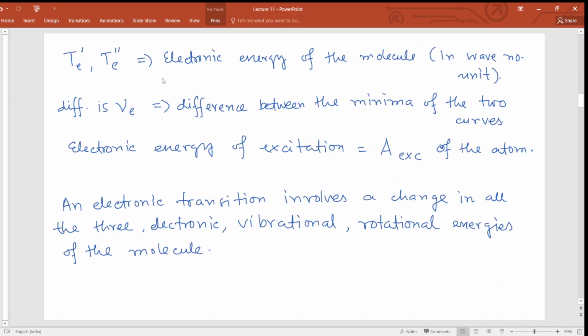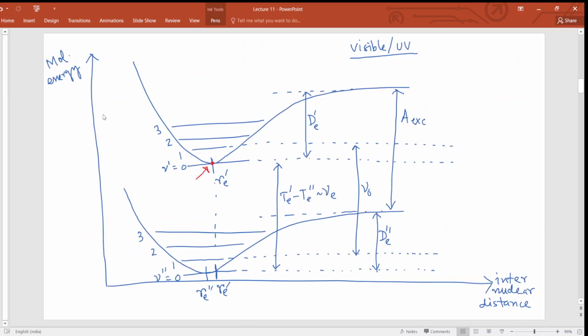So here Te prime and T double prime, these are electronic energy of the molecule in wave number unit. Okay, so this is the electronic energy. So let's say if we are talking about a particular state, so let's say nu prime equal to 0 or nu double prime equal to 0, then this particular level will have this electronic energy level T prime, and the bottom one will be T double prime, which means the difference will be T prime minus T double prime, and we call it equivalent to the frequency nu e.